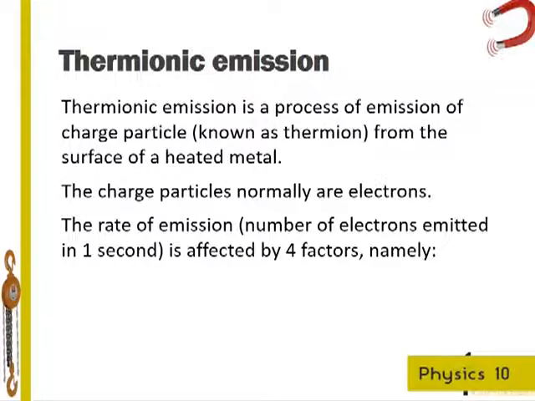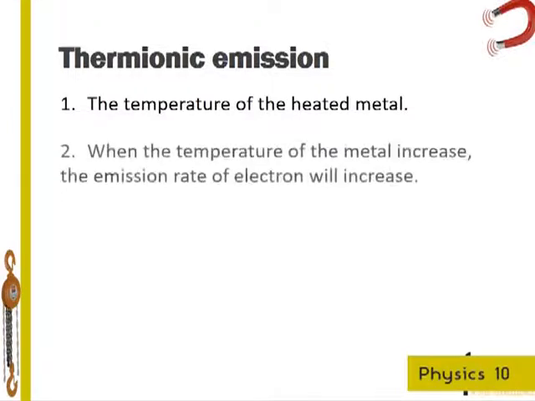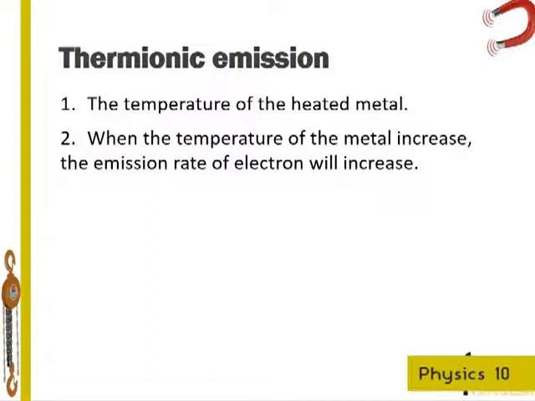And these factors are as follows. The temperature of the heated metal. The greater the temperature of the heated metal, the greater the emission of the electrons. So in other words, the emission rate of the electrons is directly related to the temperature of the resistor.